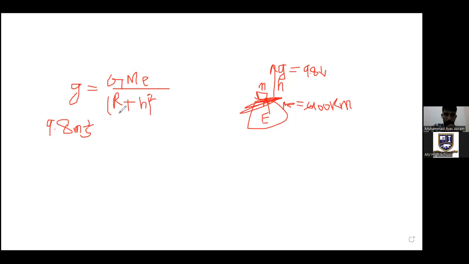So we can calculate the value of g by putting in the gravitational constant, and we know the mass of Earth also. So we can put the value of Earth radius, that is 6400 kilometer, plus the height of the object that it has traveled from the surface of Earth to some altitude point. So we can calculate the value of g that has become less by the motion of the object toward some height.